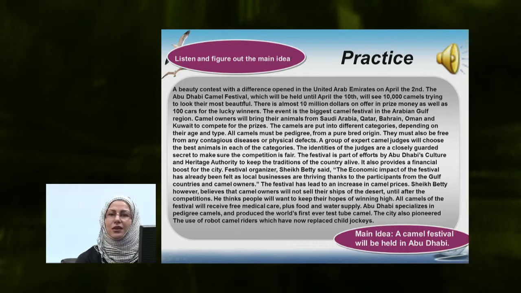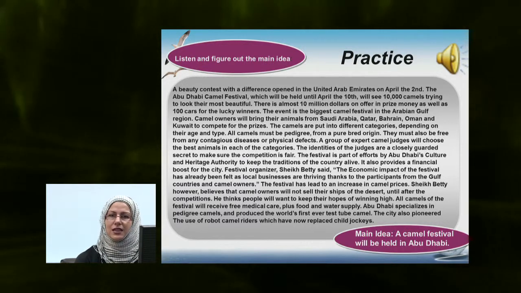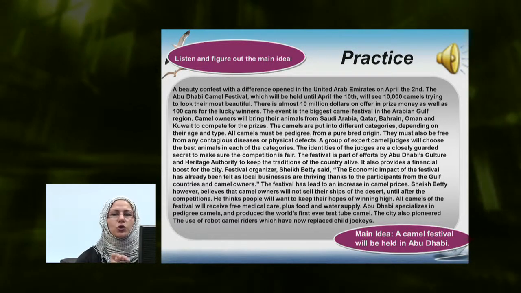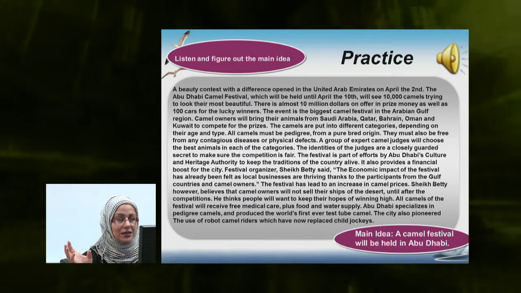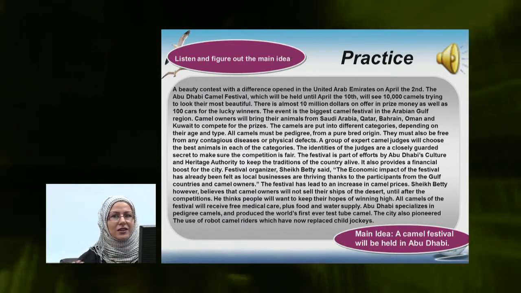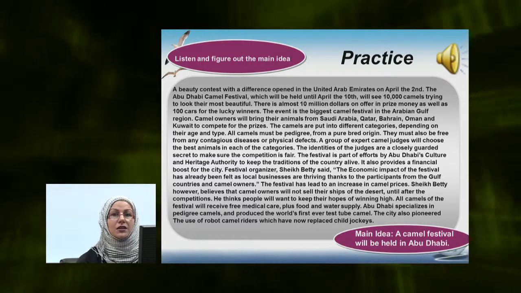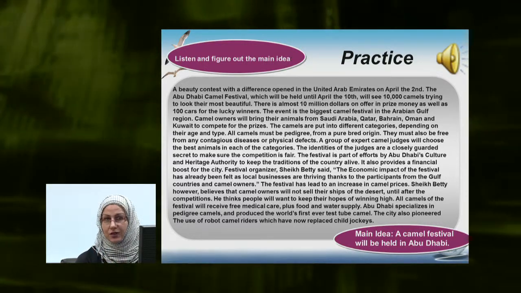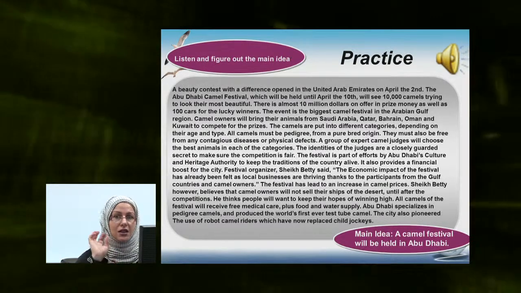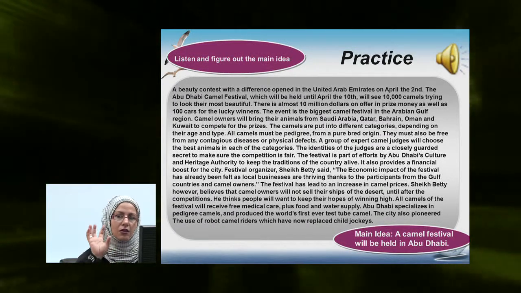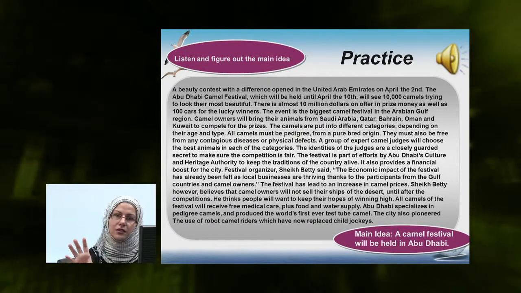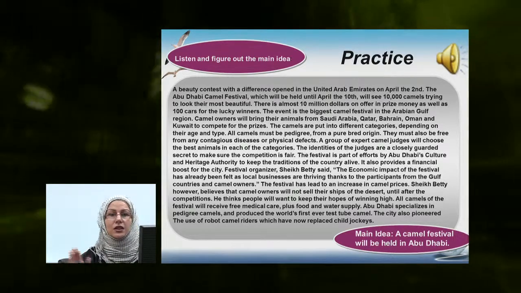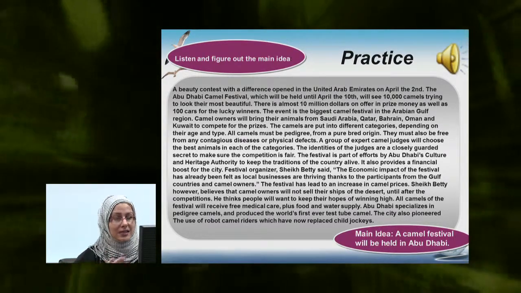From the very beginning, the main idea is stated, but you just need to sort out the unnecessary details, put them aside, and focus on the generalization mentioned in this sentence, which is only about the event, the festival. We don't need the date or any unnecessary details at this stage.